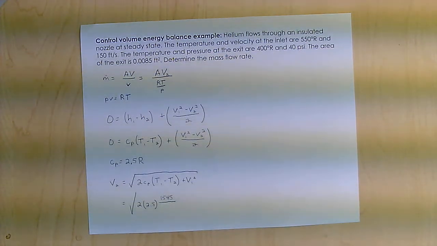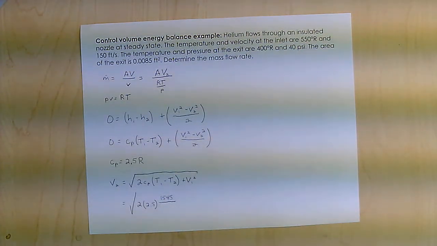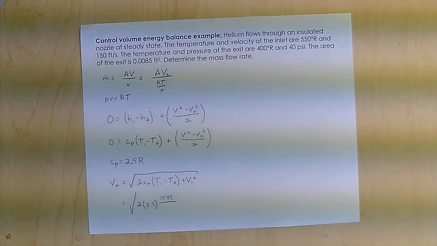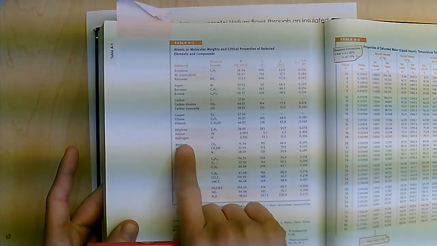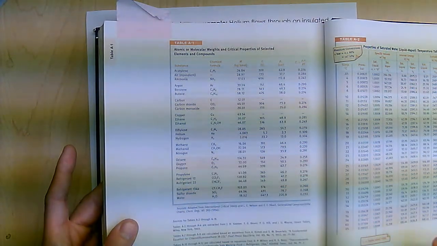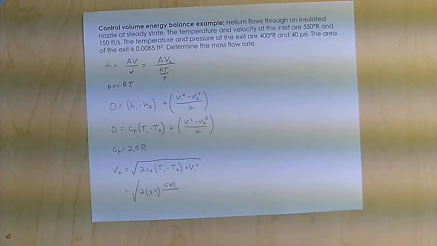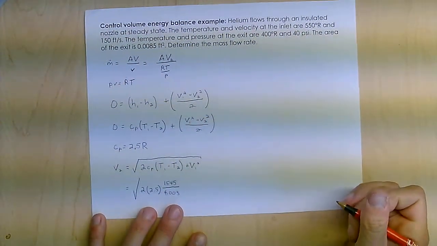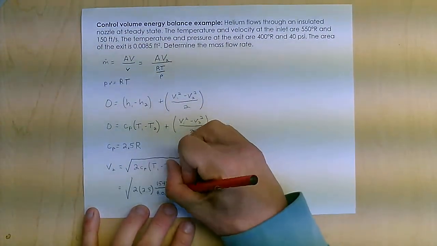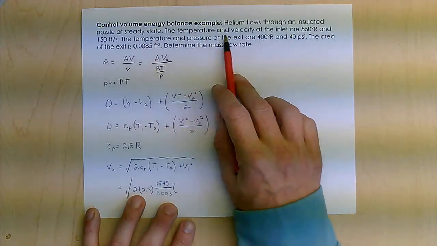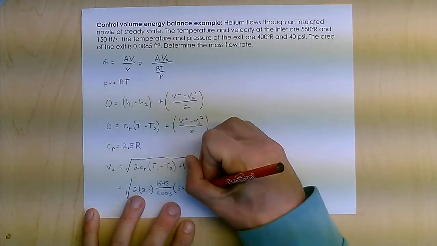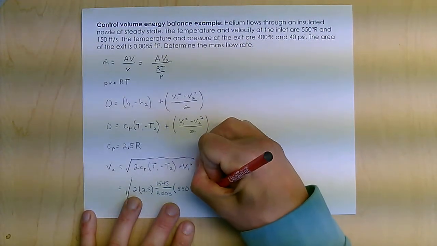And for those keeping track at home, the molecular weight of helium is about 4. I'll go ahead and look that up though. Helium, 4.003. Times the change in temperature, which is inlet 550, exit 400.